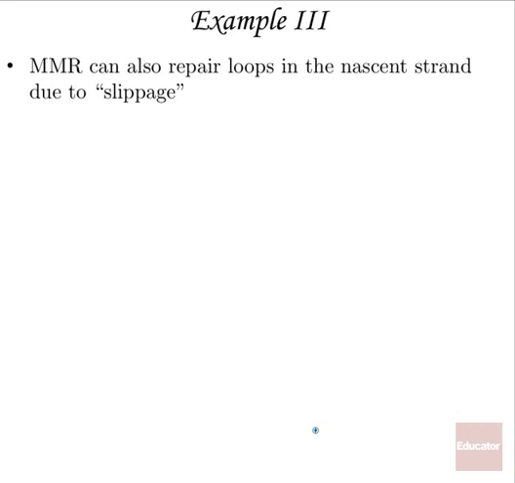So if we have a piece of DNA, let's call that, all right, so this would be a GTC, GTC, GTC.